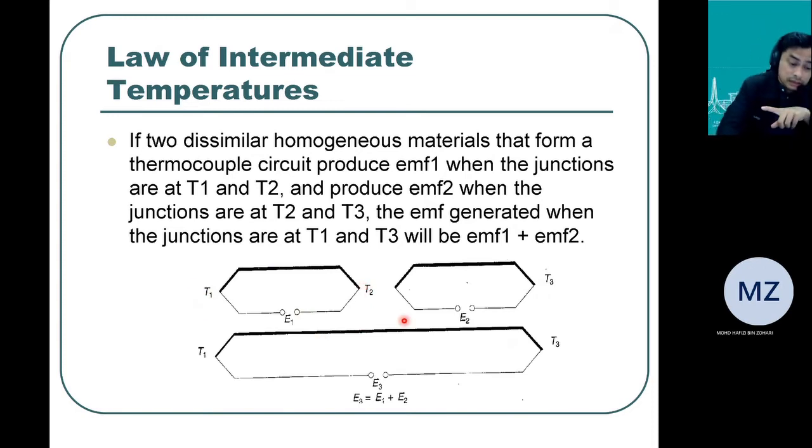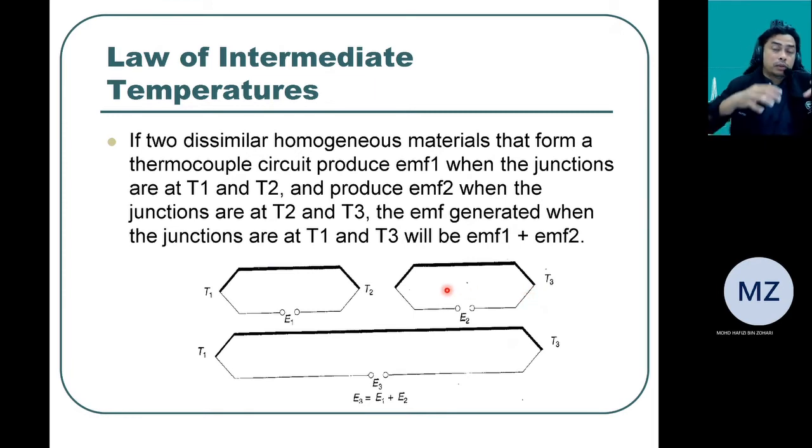And we have another circuit which also has T2, the same temperature as the previous circuit, 0 degrees for example, and then T3 measuring another temperature. So we have three temperatures here.